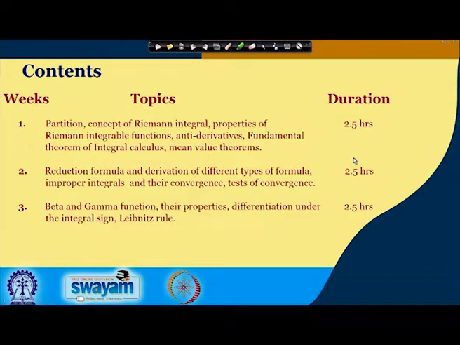We will first start with partitions, the concepts of Riemann integral, properties of Riemann integrable functions and so on. Today we will start with the partition and try to explain the concepts of Riemann integrable functions.